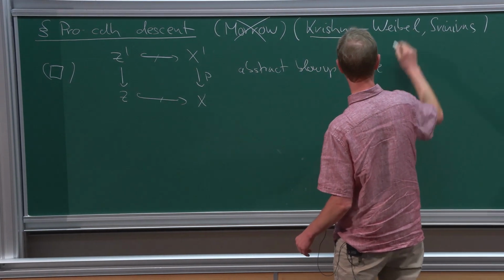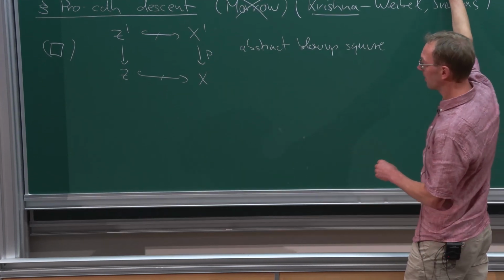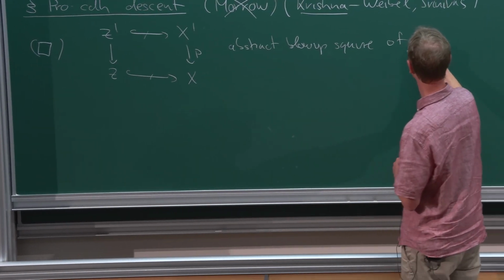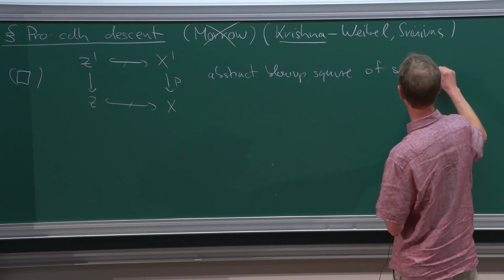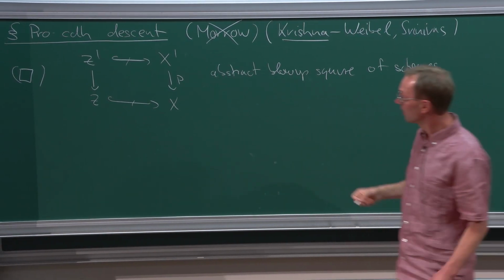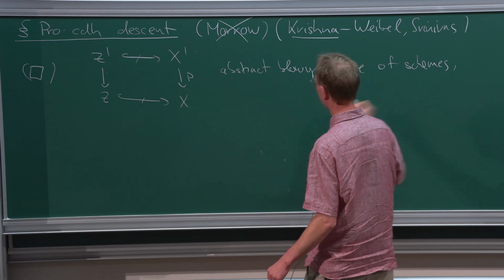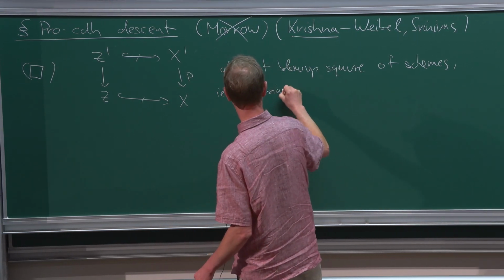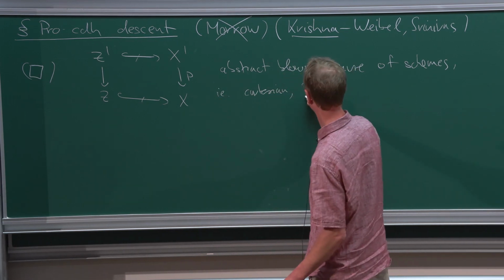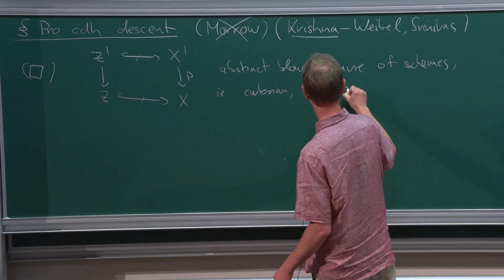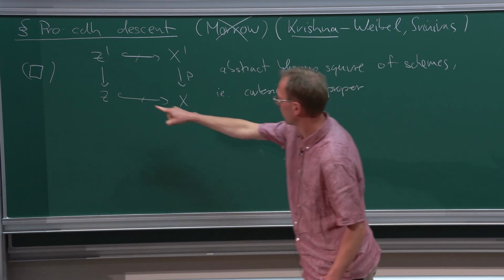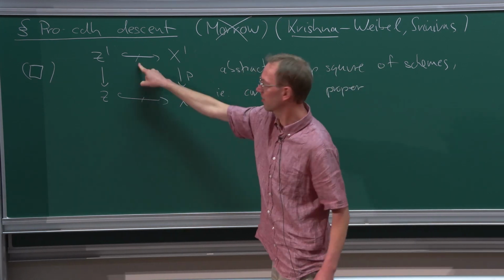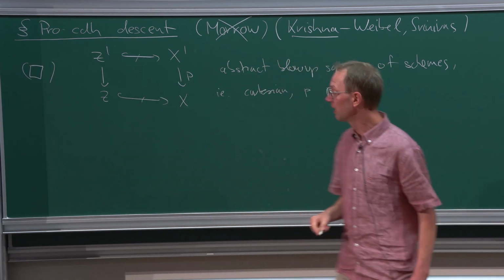And by definition, this means first of all it's Cartesian, here of schemes, so usual classical schemes. Then this map P is proper. These are closed immersions, which is what these symbols here should indicate.